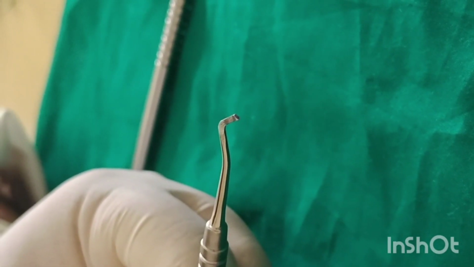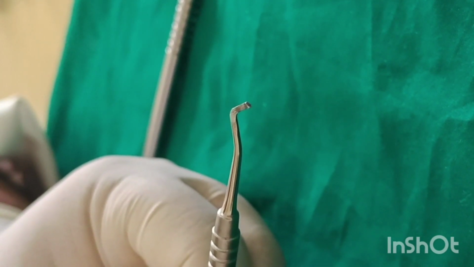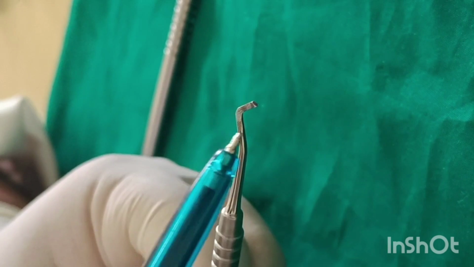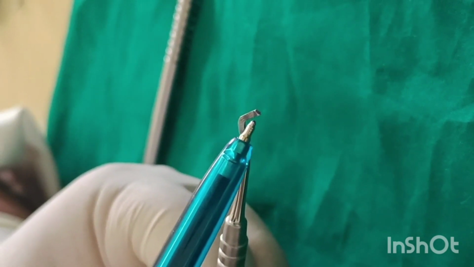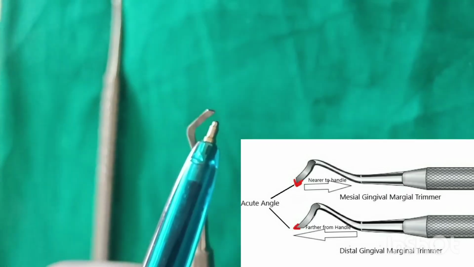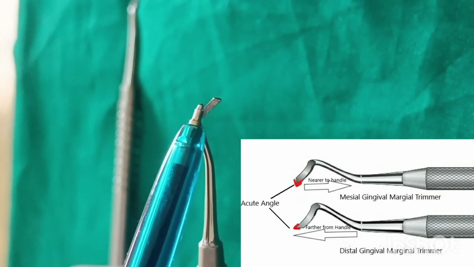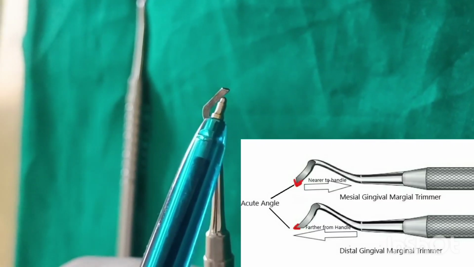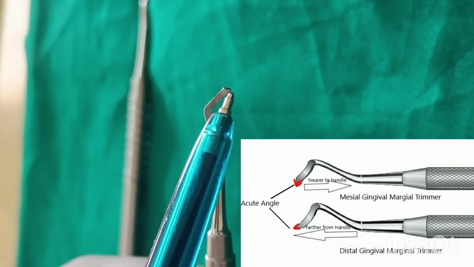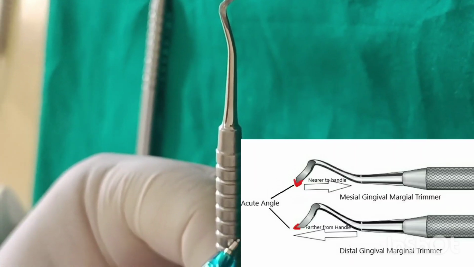How to differentiate between a mesial and a distal GMT? Here you can look at the cutting edge of the blade. One end of the cutting edge is making an acute angle. The other end is an obtuse angle. So focus on the acute angle and see the distance from the acute angle to the handle.